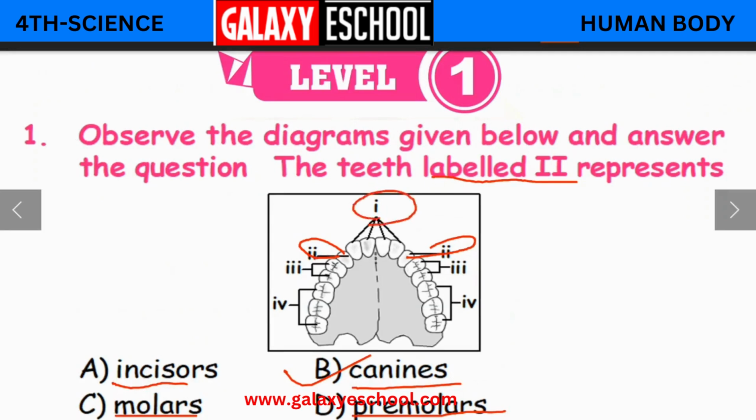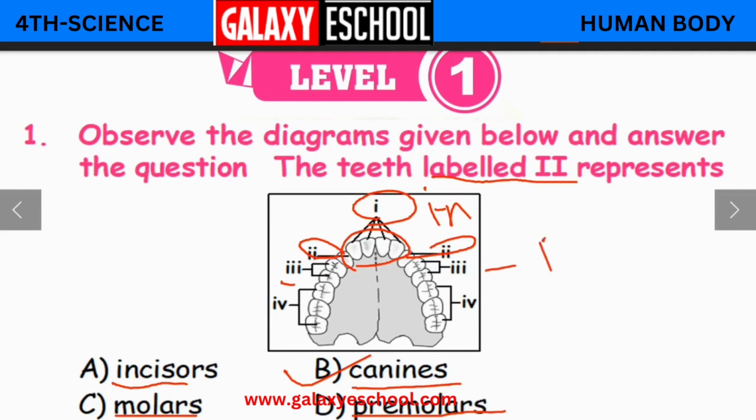In the upper jaw you will be having 4, and again in the lower jaw you will be having 4. So totally we will be having 8 incisor teeth. These are the first 4, children. These are incisors. I'll just write IN here. Second, we have already identified that they are canines. This 3 here, after the canines, that is, backwards of the canine teeth, you will be having premolars.